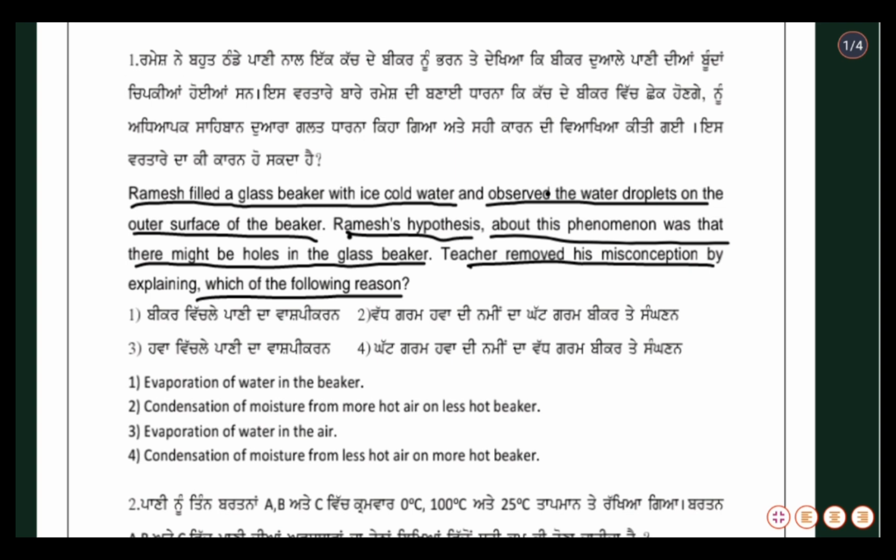So dear students, Ramesh observed water droplets on the outer surface of the beaker, right? So water droplets formed due to the condensation of the moisture in the air when it comes in contact with the cold surface of the beaker. So here the right option is due to condensation: the condensation of the moisture from more hot air on a less hot beaker.